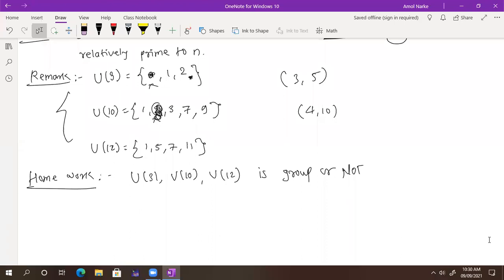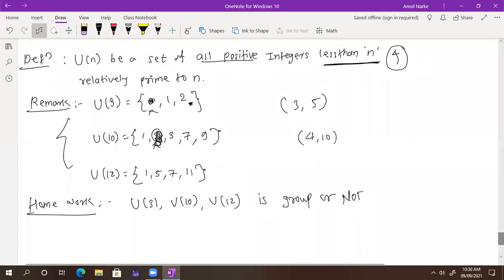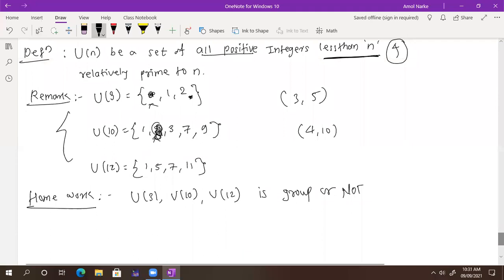It hardly takes 10 minutes because it has very simple elements, like 1, 2, 1, 3, 7, 5. They are saying Un forms a group under usual multiplication modulo n. Multiplication modulo n. We need to speed up now.